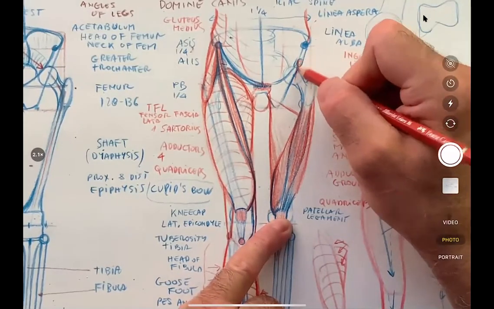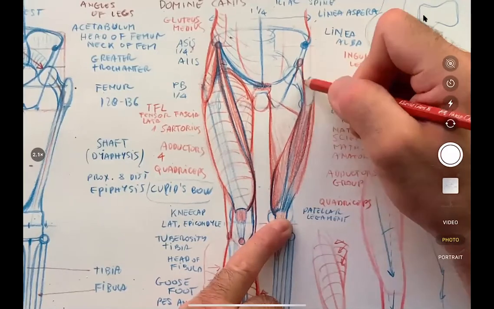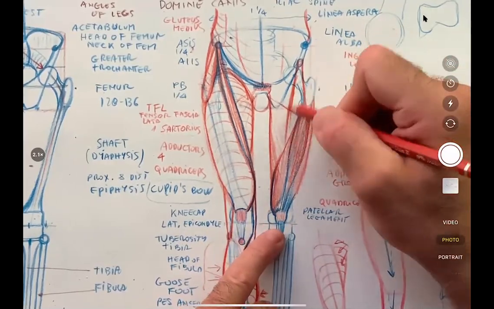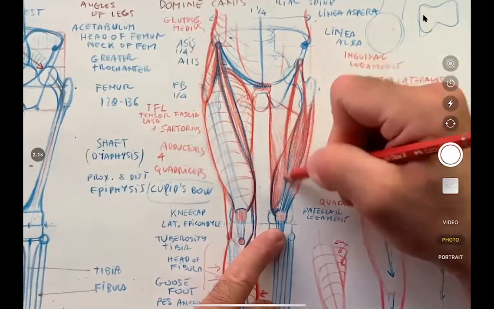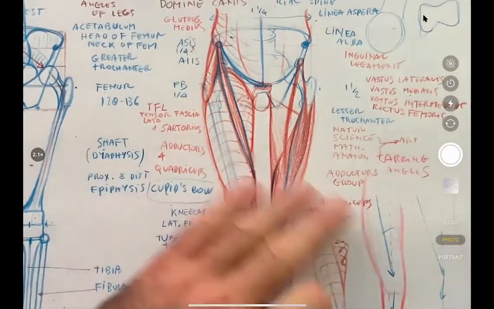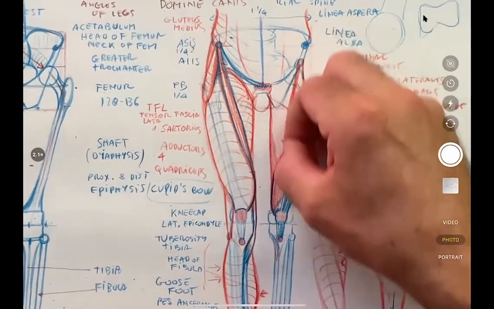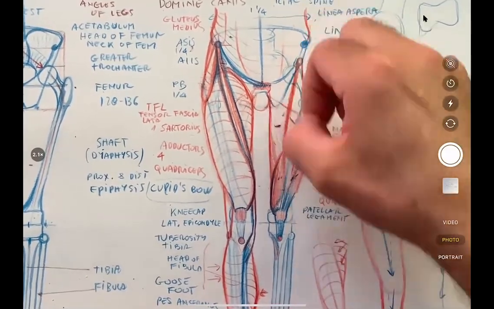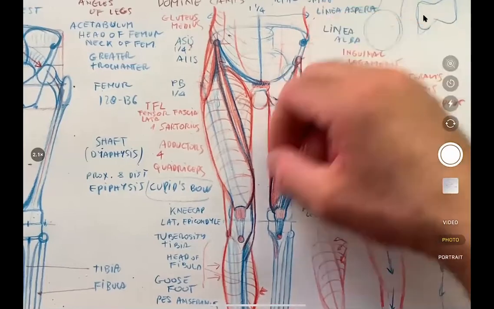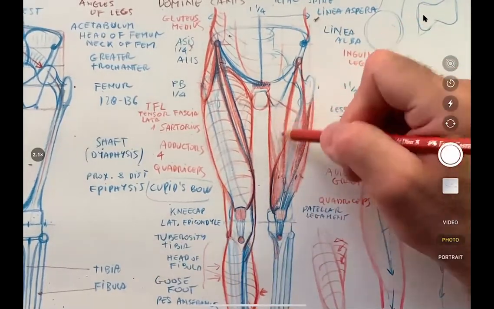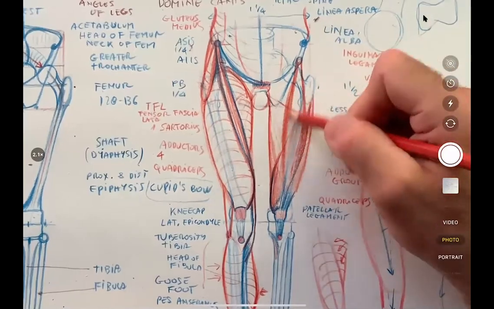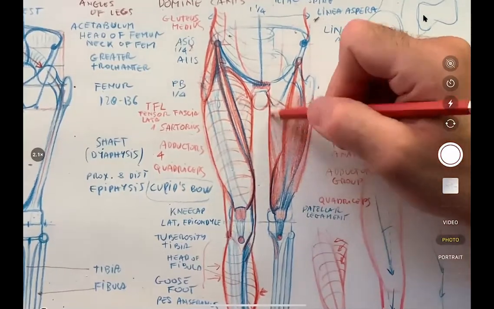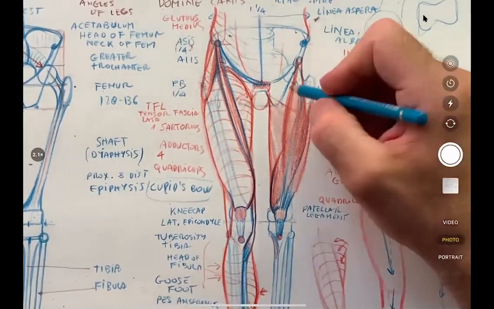So now I start from here with this muscle, and I go over the vastus intermedius, down like this. Now I want to erase some of the deeper muscle because they are going to go. Now I have the rectus femoris.